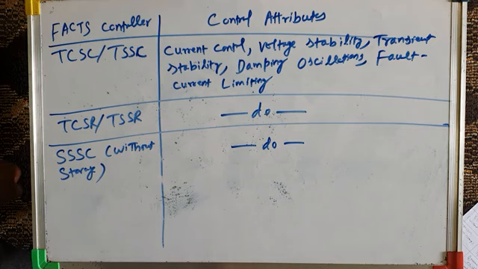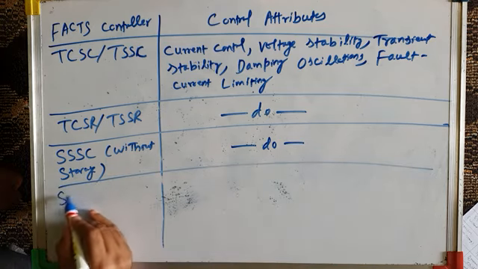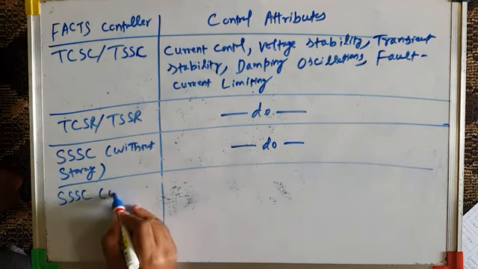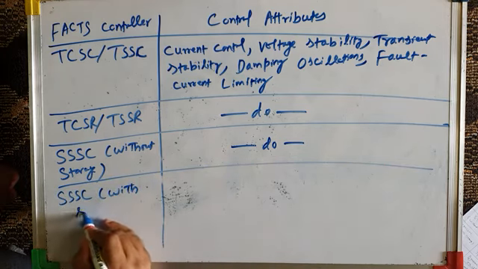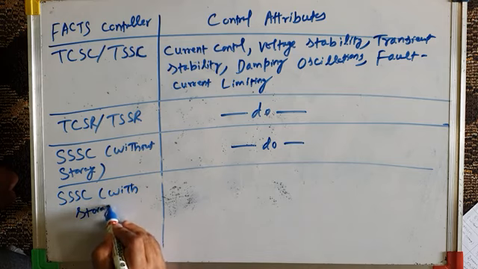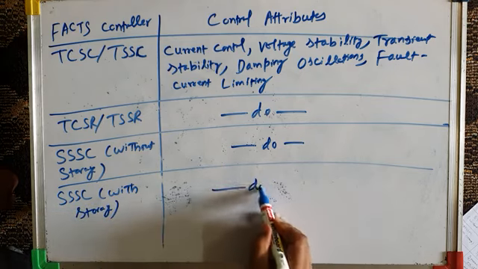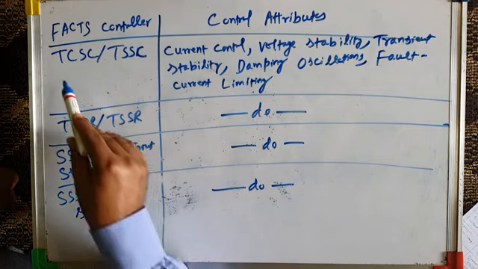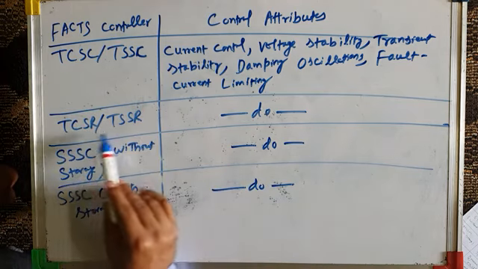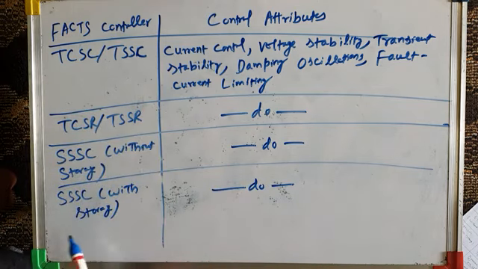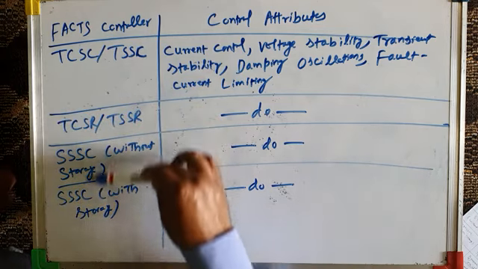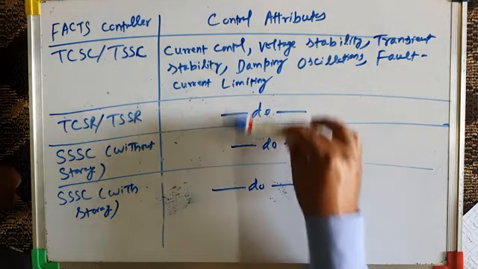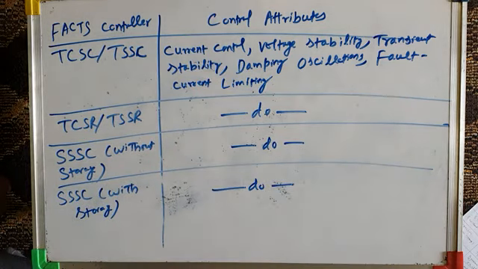And then you have SSSC with storage. It will also have the same control attributes. So whether you use TCSC or TSSC, TCSR or TSSR, or SSSC without storage or with storage, these are different types of series FACTS controllers, but their control attributes are almost common.